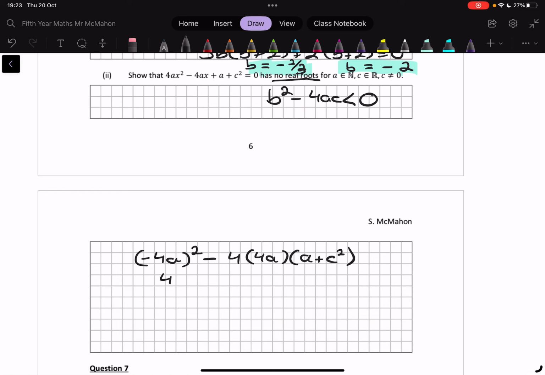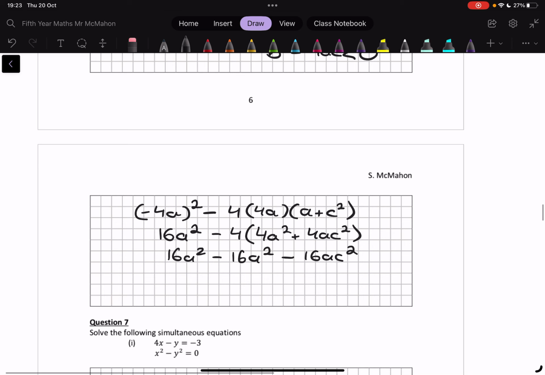So we get 16a², and we have minus 4 by, let's multiply out these two brackets first, so 4a² + 4ac², 16a² - 16a² - 16ac².